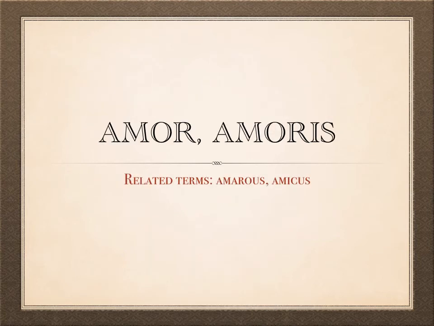Amor amoris. You might know this from that song That's Amore, that Italian song, or yeah, it carries over into the Italian amore. But we get the word amorous from this, which you've probably never heard. It's not a commonly used word. But it's also related to amicus and amo, amare.